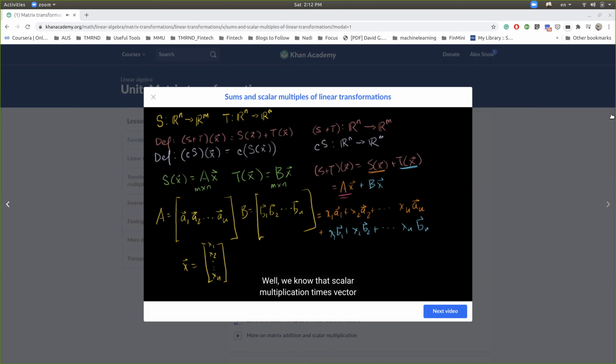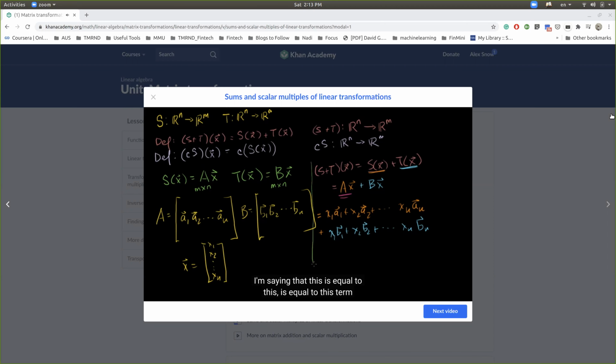Well, we know that scalar multiplication times vectors exhibits the distributive property, so we can just add these two guys right here and factor out the x1, and what do we get? We get this is equal to this whole expression right here. Let me draw a line here because I'm not saying that this matrix is equal to that.